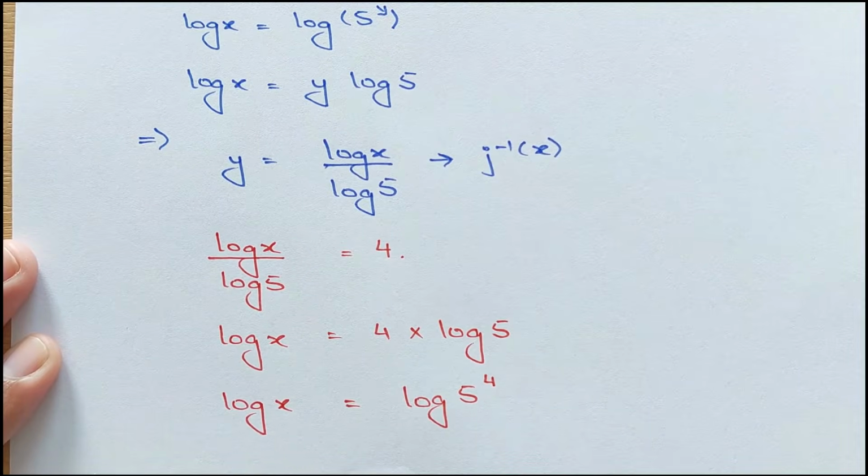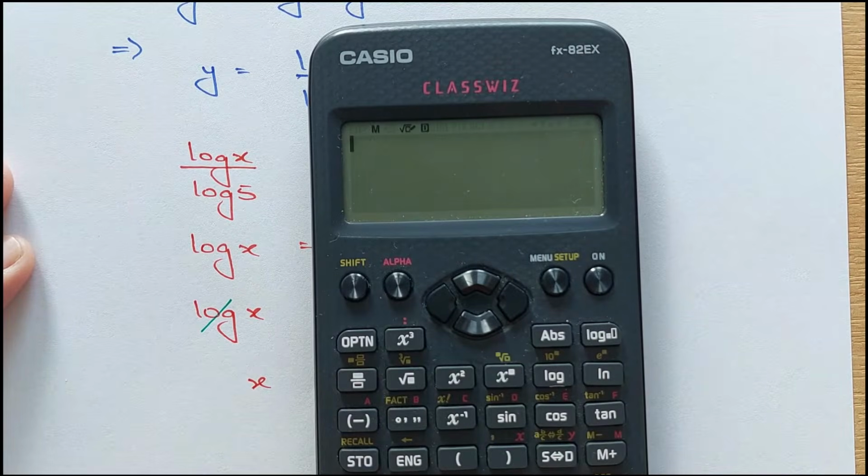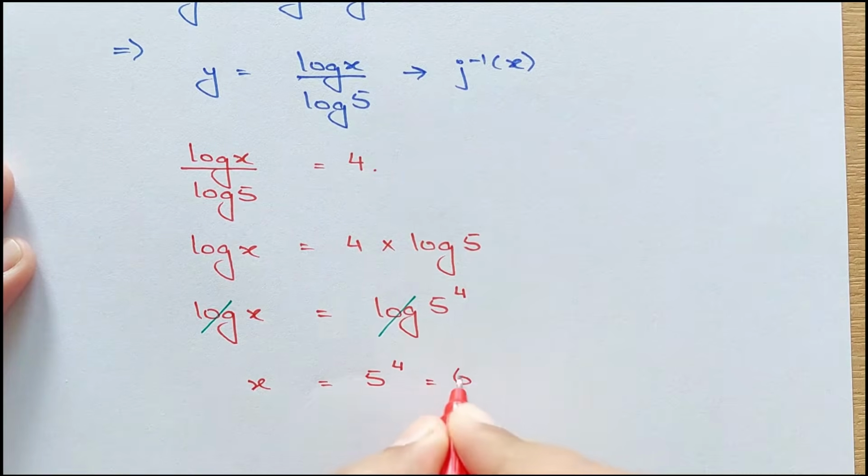Now we have log on both sides. We can cancel the logs and x is equal to 5 power 4. What is 5 exponent 4? Let me simplify. 5 exponent 4 is 625. So 625 is the value for x.